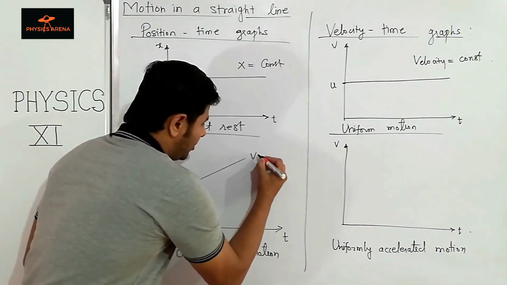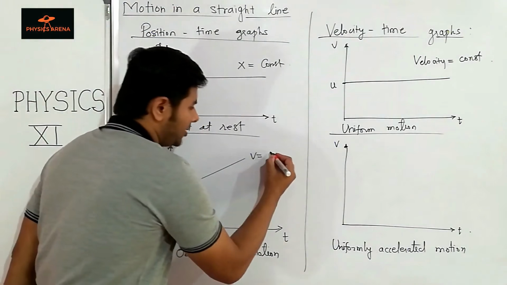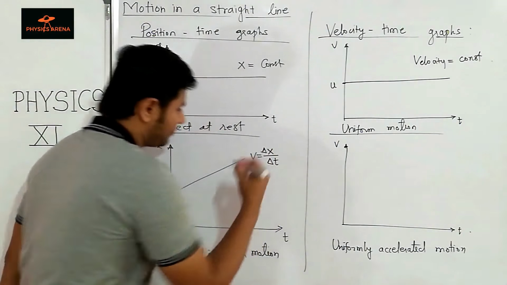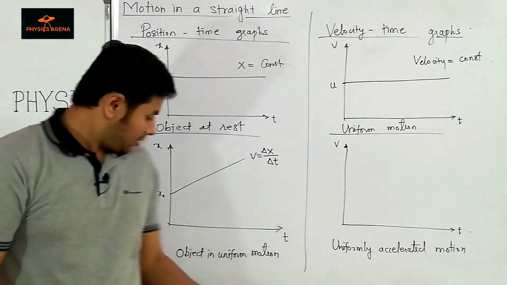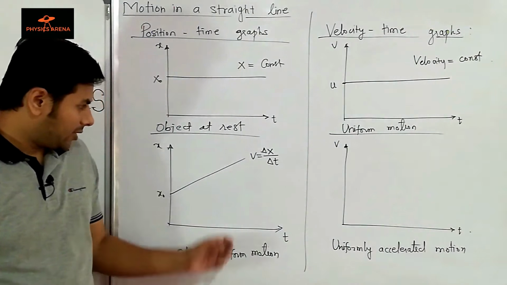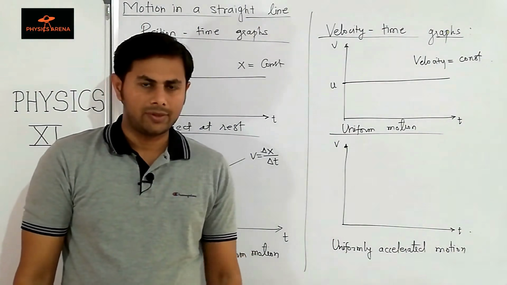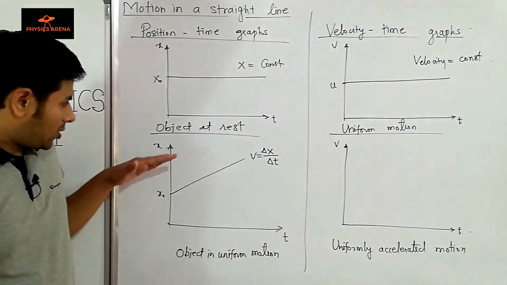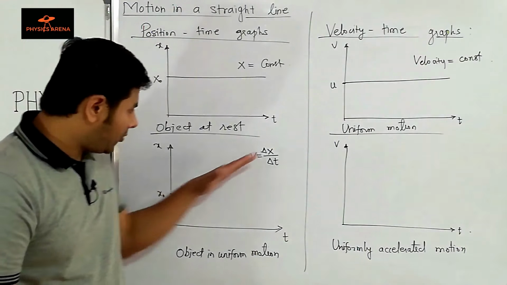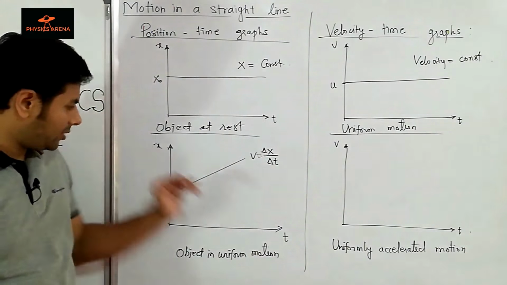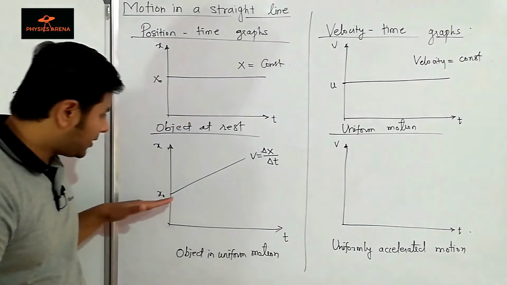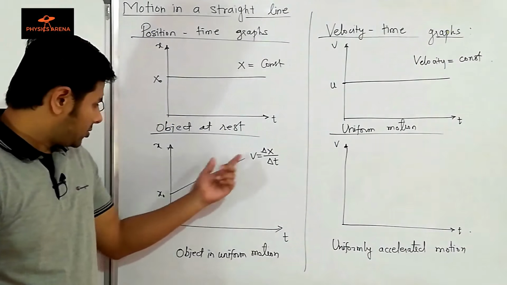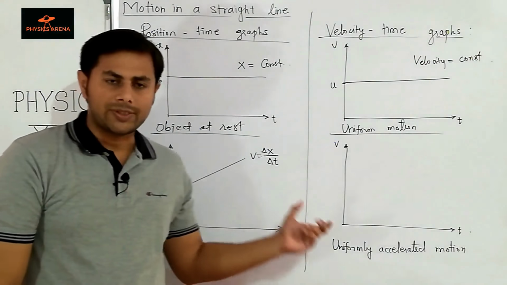Now we know that velocity is change in position, delta x divided by delta t. In this case the velocity is constant, so change in position is constant. So if the object is moving with uniform velocity, then its position versus time graph is an inclined line. The slope of that line gives you velocity.